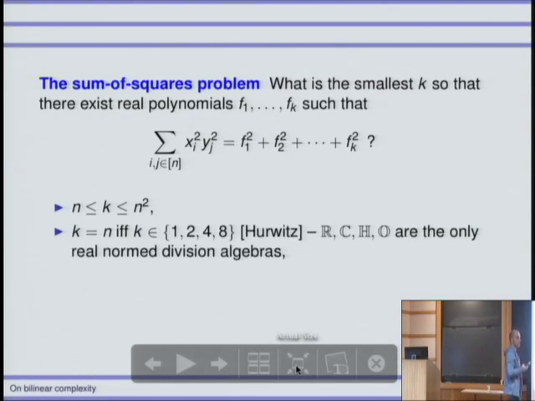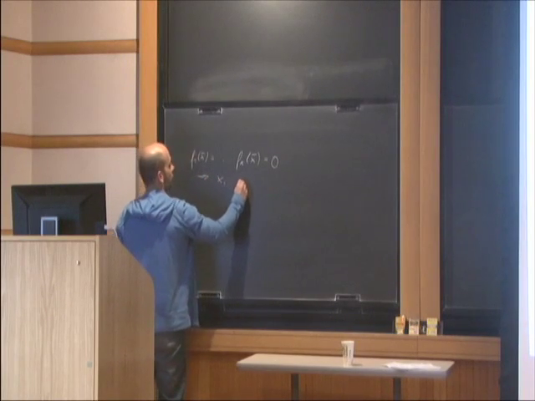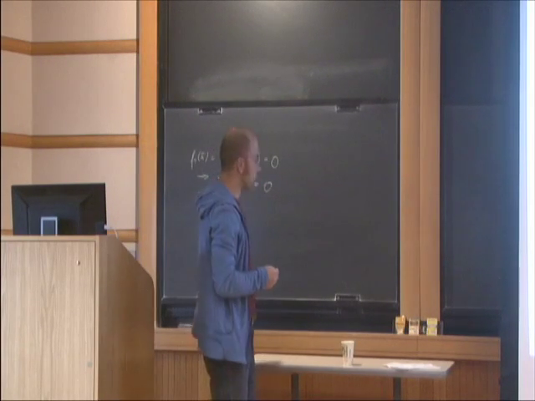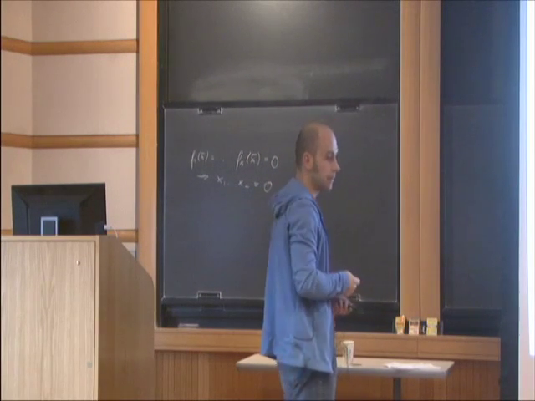So you must have linear functions which have the property that if all of them are equal to 0, then x1 through xn is equal to 0 over the reals, which clearly means that k must be at least n, because the rank of the linear function must be at least n.